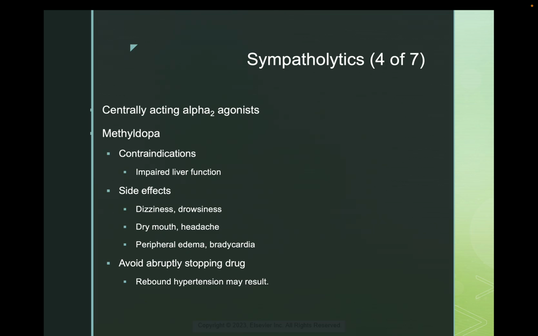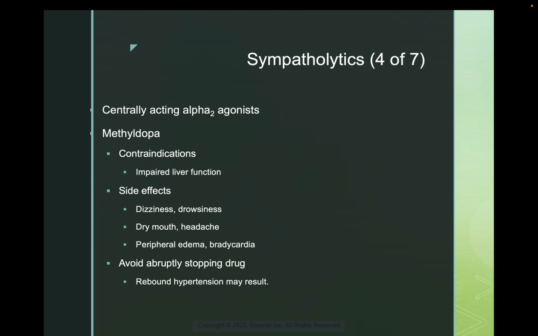When we talk about methyldopa, let's see what your book has to say about that. Methyldopa was one of the first drugs widely used to control hypertension. In high doses, methyldopa and clonidine can cause sodium and water retention, and frequently these are administered with diuretics.